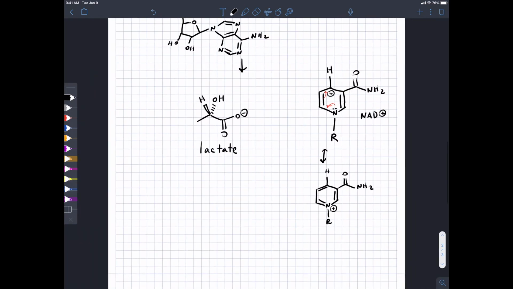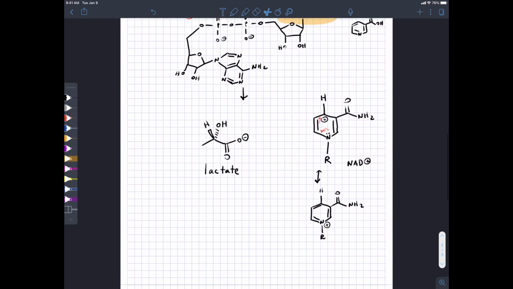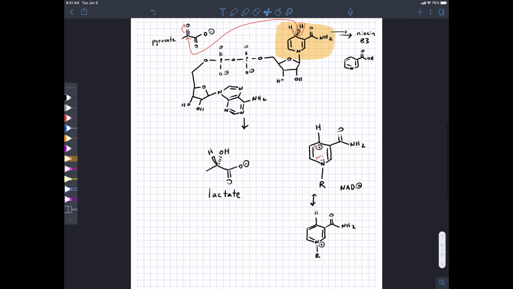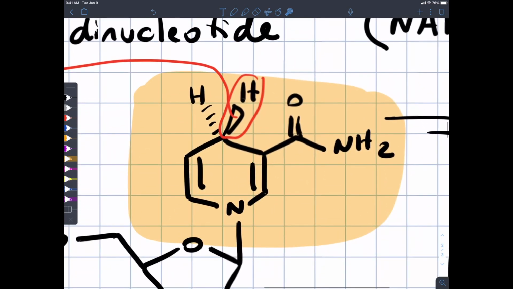In any case, this provides some explanation for why the hydride is able to leave in the first place. Because once it's gone, you restore conjugation to that six-membered ring. Notice that before, in that six-membered ring, you've got some conjugation between lone pairs and pi bonds, but you have an sp3 hybridized carbon there that can't participate.